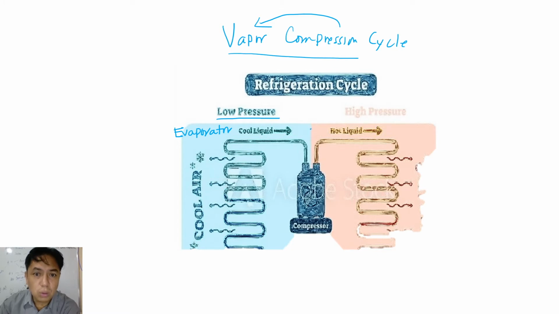This evaporator is on the low side, low pressure, because you can divide the system into two. What about high pressure? Where is high pressure happening, class?